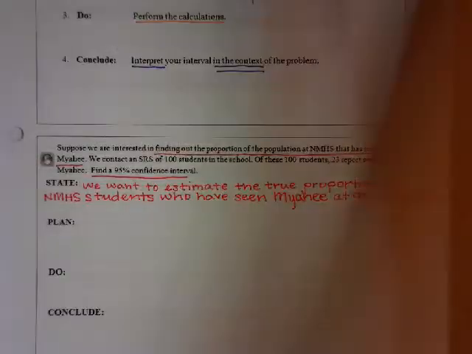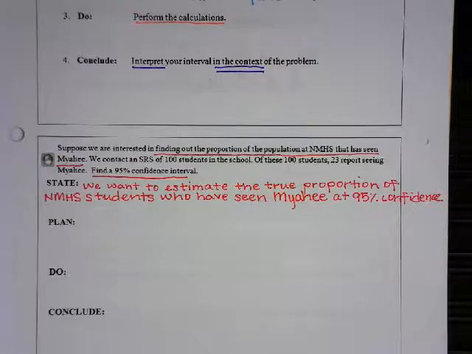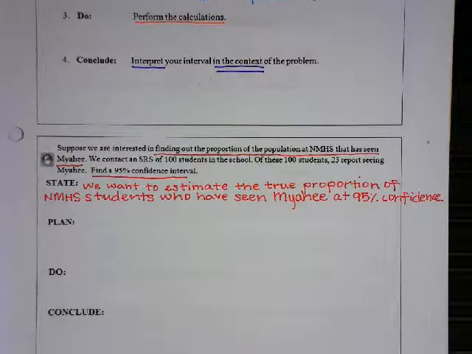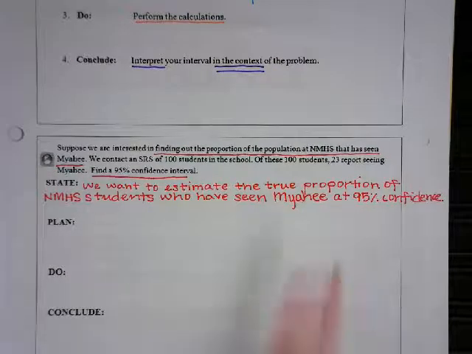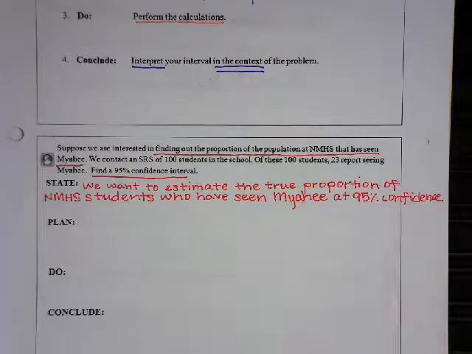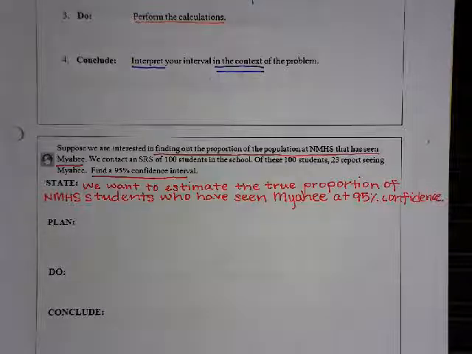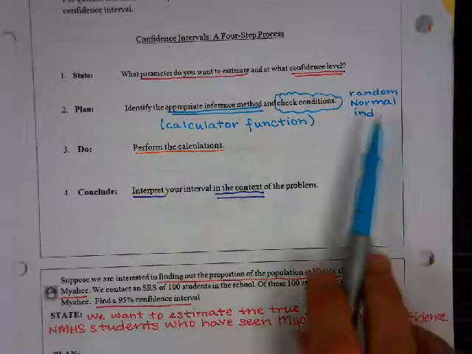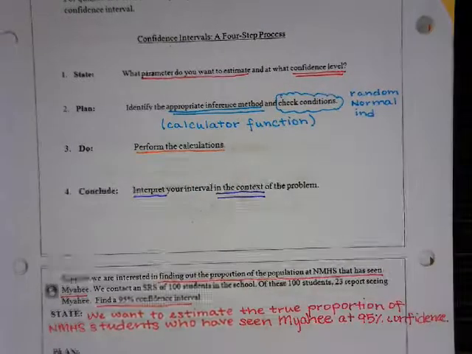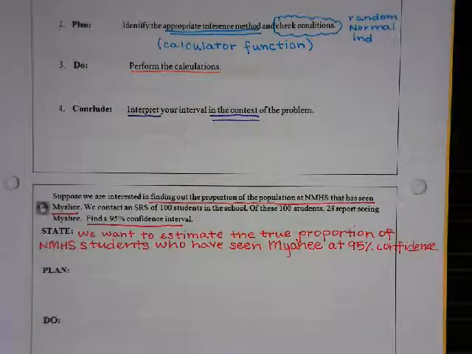So I stated my parameter. I gave the confidence level. So I said at 95% confidence. Any questions so far? So then plan: we state the calculator function and we check our conditions. The calculator function: we're working with one proportion and we want to make a confidence interval.